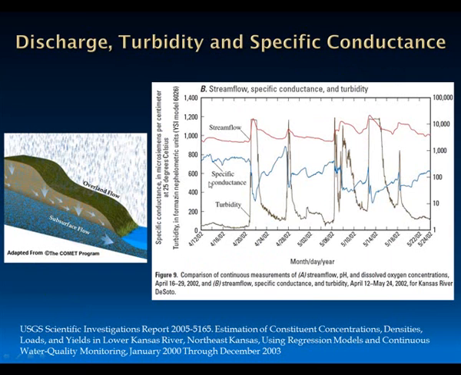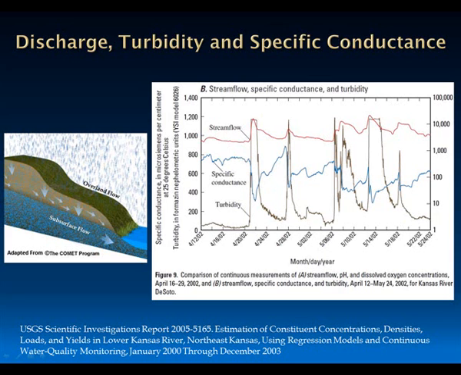Another example that I just want to bring up, there's a couple of additional supplemental USGS readings that illustrate these points. Here we've got in Kansas, the hydrograph, when it peaks, turbidity also peaks, and the specific conductance dives as the flow goes up.